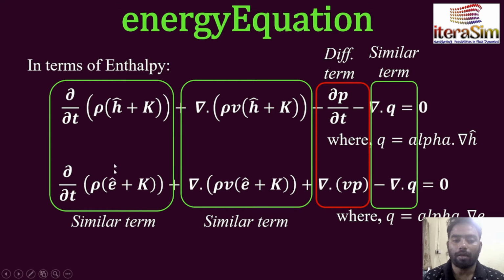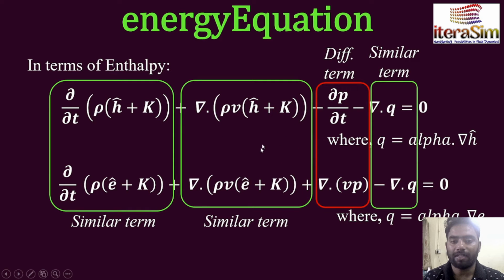If we find the correlations, we can see that the only difference here is the enthalpy, and here it is the internal energy, and this one is the kinetic energy, which is the same in both equations. Similarly, here this is the enthalpy term, and this is the internal energy, and this is the kinetic energy.